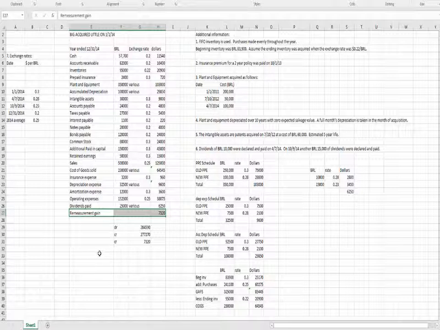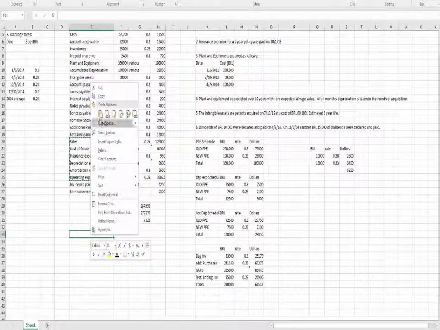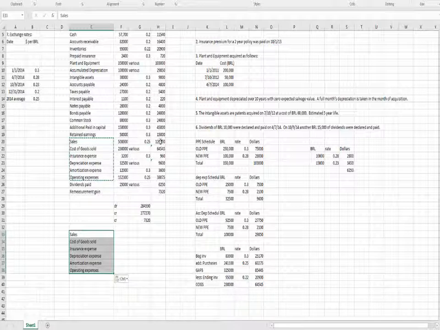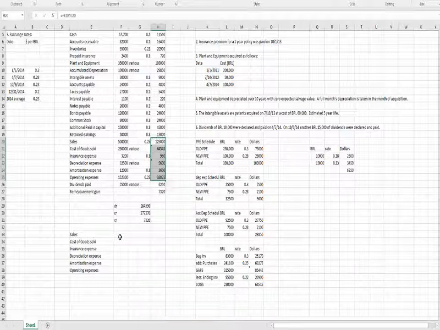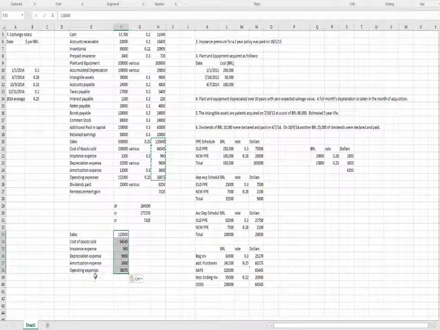So let's go ahead and do our income statement and our statement of retained earnings. And I'm just going to copy my account titles, very conveniently. So for my income statement, I'll copy the dollar amounts too. Now, obviously, it should go without saying, but just to reiterate, dividends are not an expense, right? They don't go on the income statement.